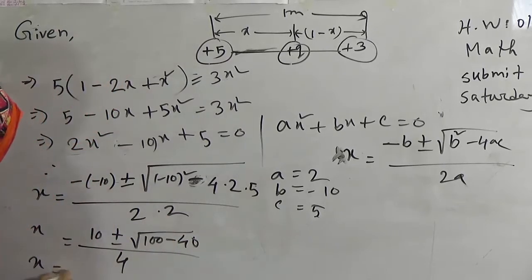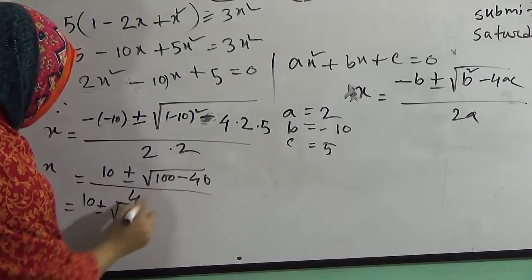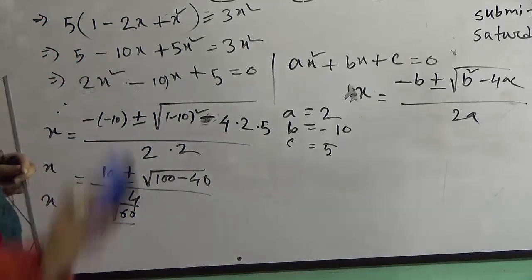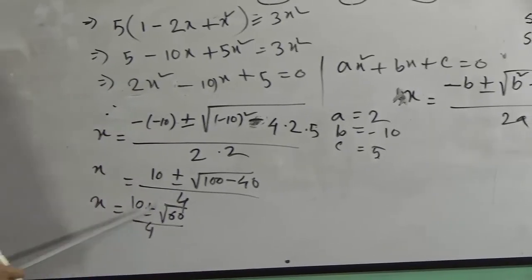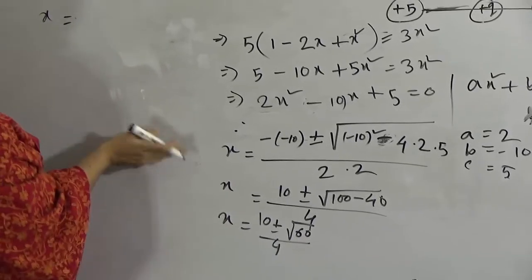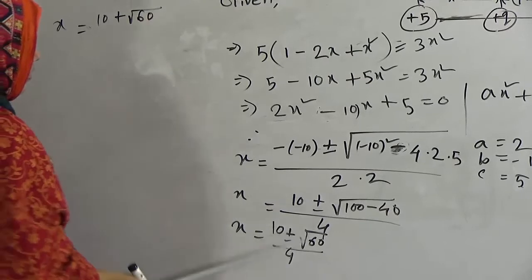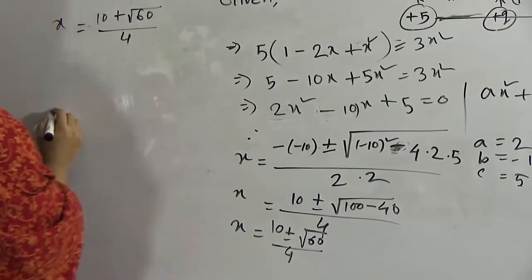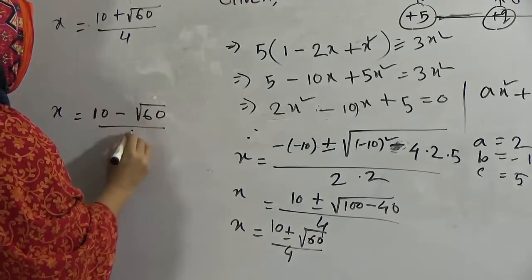My dear students, now do this calculation: 10 plus minus root over 100 minus 40, that means 60, divided by 4. Now see, from here we have to calculate the two values. If we consider plus, x equals 10 plus root 60 divided by 4, and if we consider minus, then x equals 10 minus root 60 divided by 4.